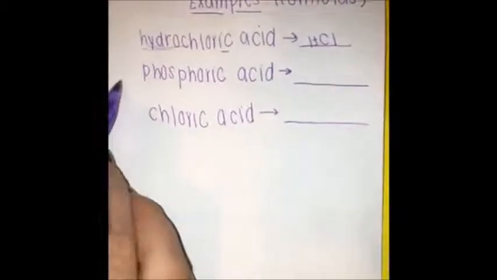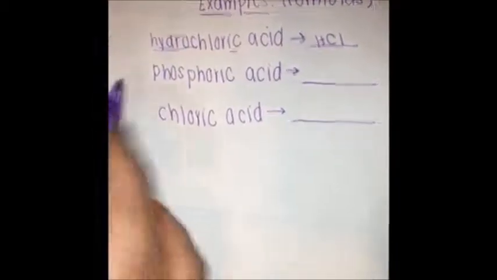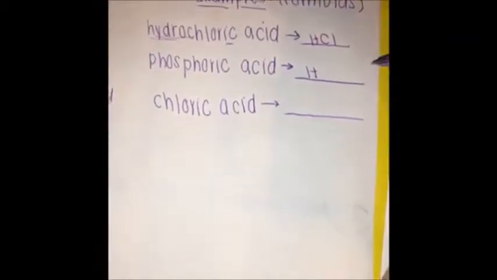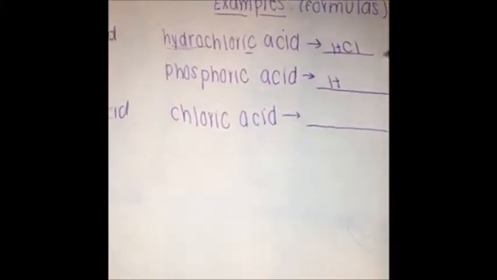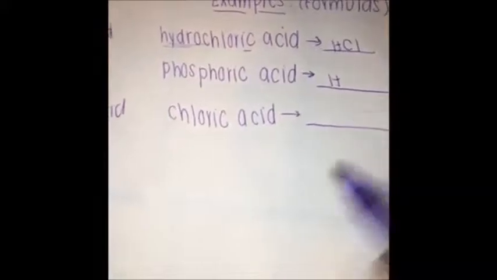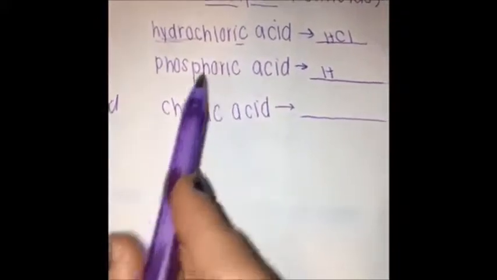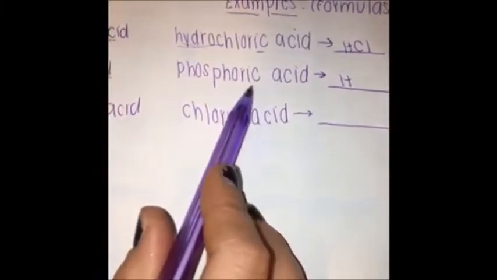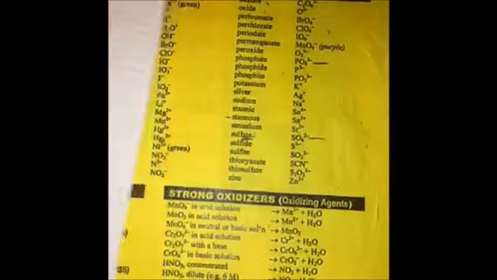For the next one, you see that there is no prefix, which means that there are going to be three elements. So you look at the back of the periodic table, and since it is IC, you know that it ends in ATE.